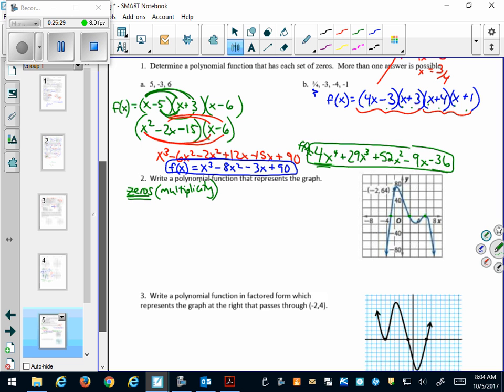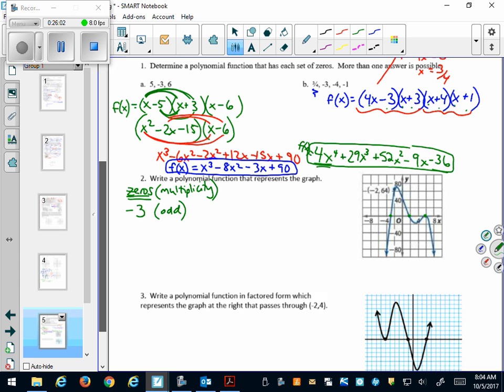So based on the fact that this is counting by 2's, it looks like my first 0 is at -3. How do I determine the multiplicity of that 0? What am I looking at? Yeah, whether it's going through or whether it's bouncing off. And this one's going through, so the multiplicity must be odd.